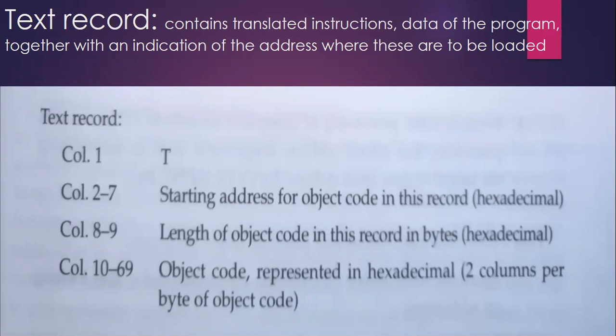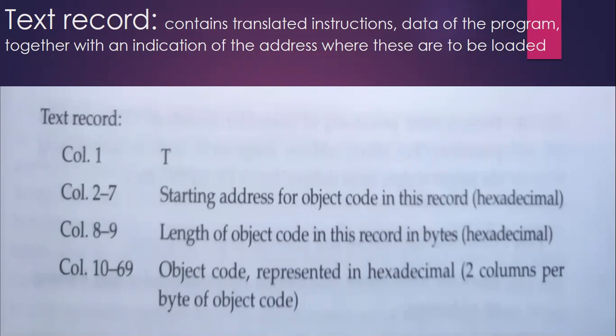Whatever data we need to deal with will be available in this text record, together with an indication of the address where they are to be loaded. Each and every instruction, what should be done and all, will be available in this text record. The first column of this text record will be T. Columns 2 to 7 will be the starting address for object code in this record.